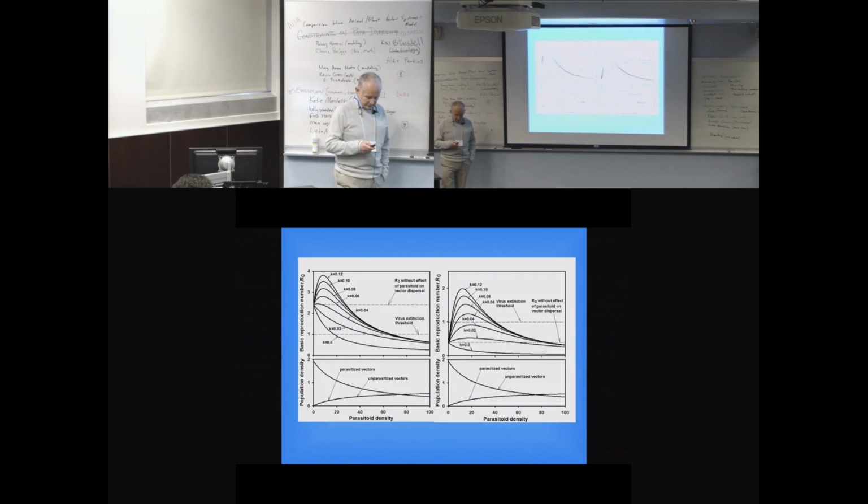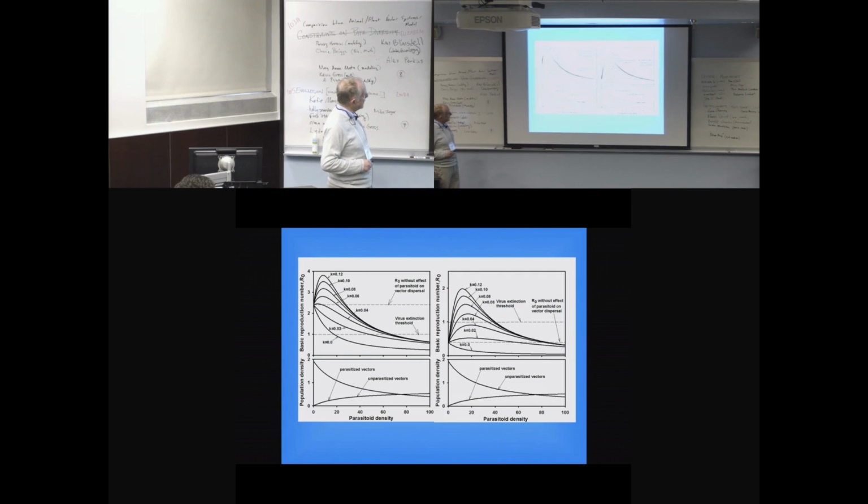And you can do some more work with these, again, R0s. So this just represents two cases. On the left here, we have a system where the R0, without the effect of the parasitoid, has a high value. So it's a pretty successful system there. This is the virus extinction threshold at 1.